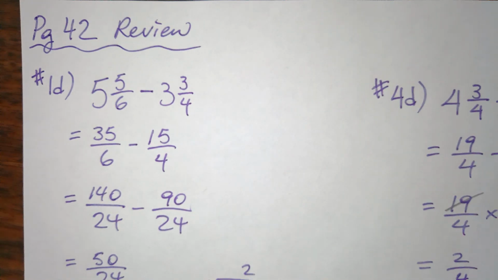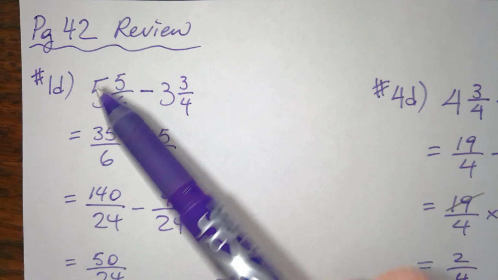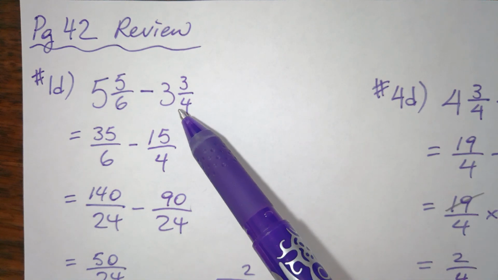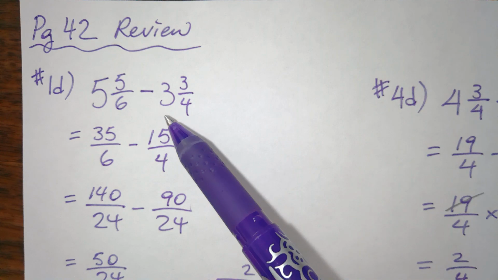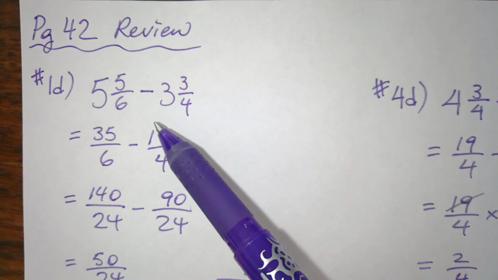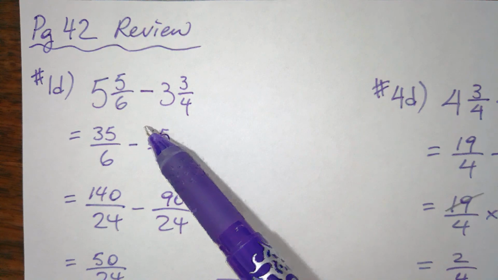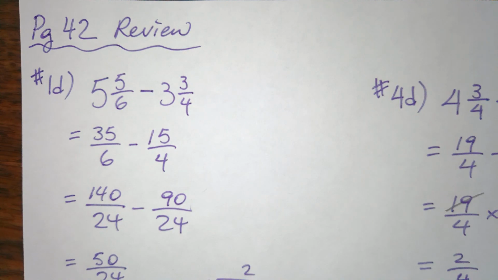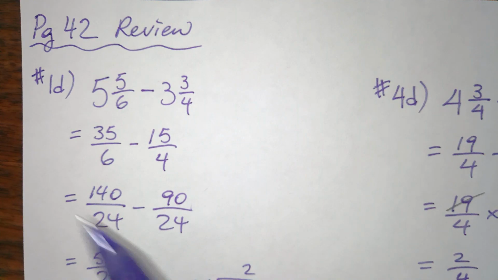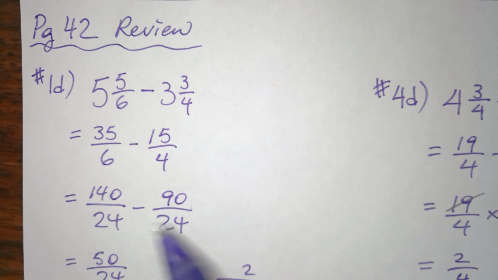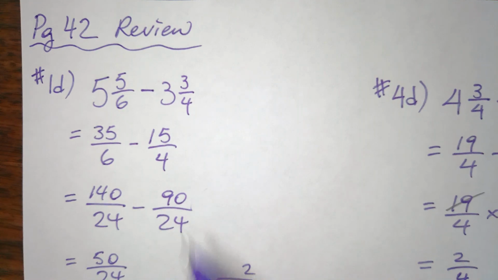Okay, so for example, right here, number 1D, when I subtract or add fractions, what do I need? What do I need when I add or subtract fractions? Jerry? Okay, yep, change it to an improper, and then make the denominator the same. Right, I need lowest common denominator.